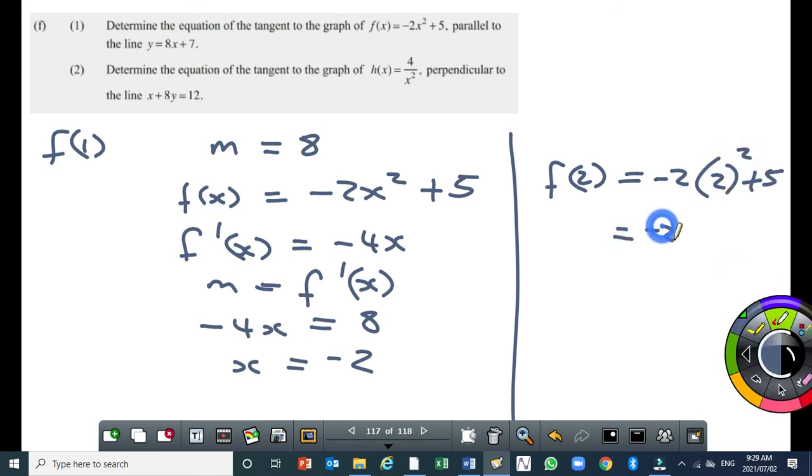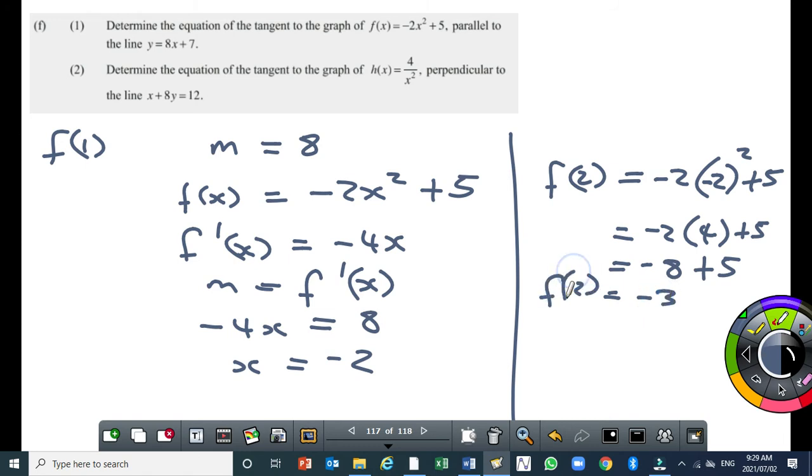And this will give me minus 2 times 4 plus 5. So the final answer will be negative 3. It means at the point of contact, the value of y is negative 3.